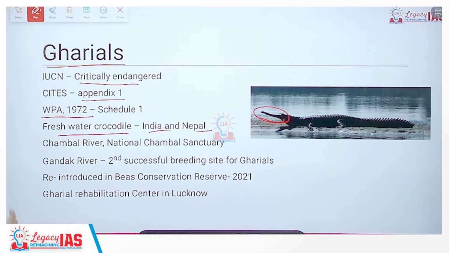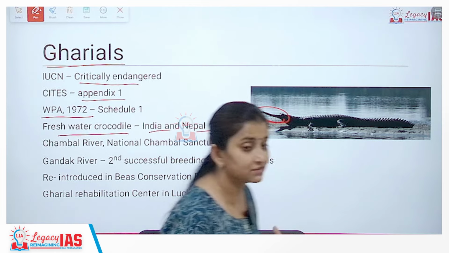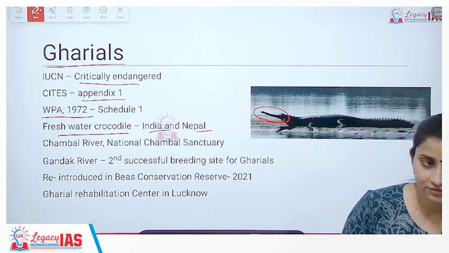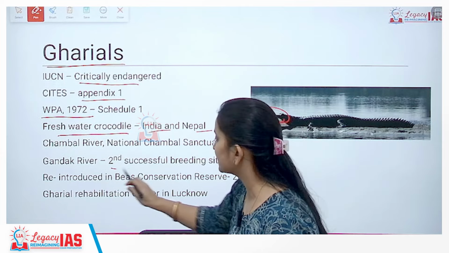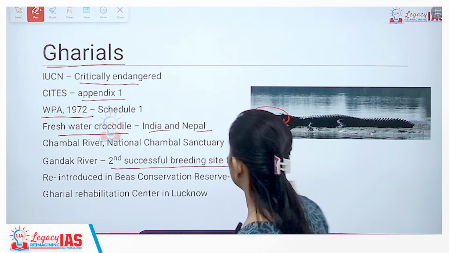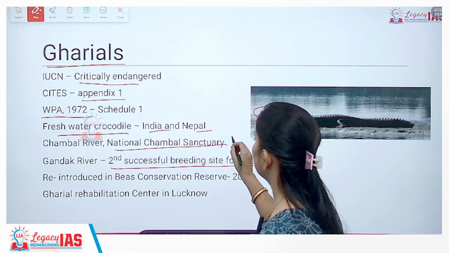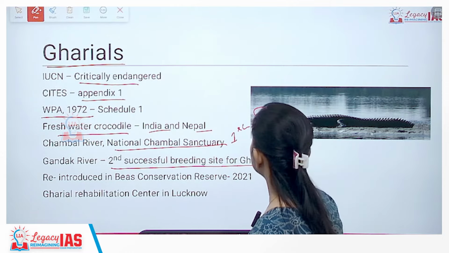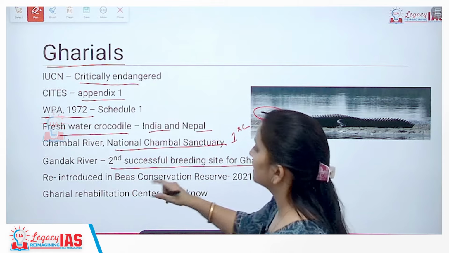Due to the conservation efforts of the Bihar government for gharial on the Gandak River, they have been able to develop the second successful breeding site for gharials, just after the National Chambal Sanctuary. This is the number 1 breeding site, and this is the second breeding site in Gandak River.